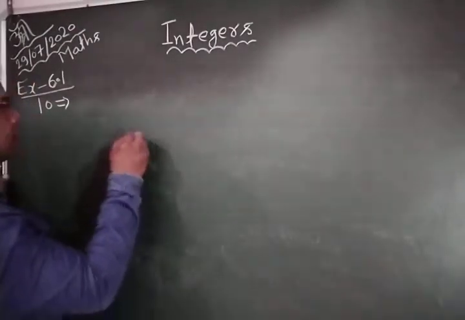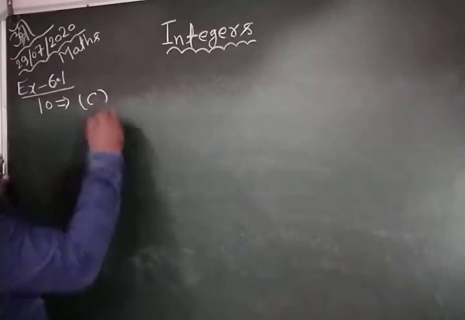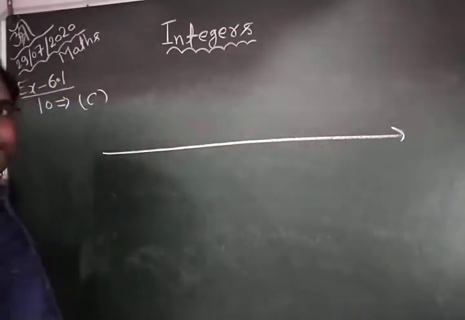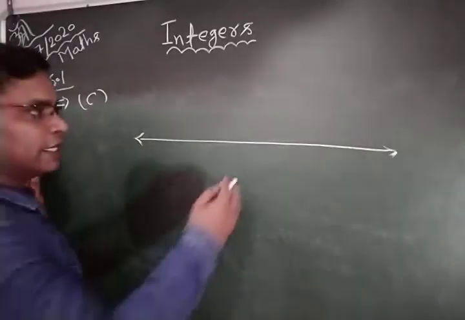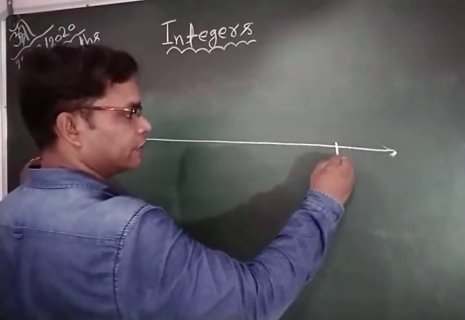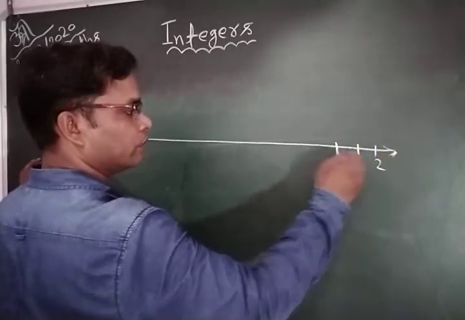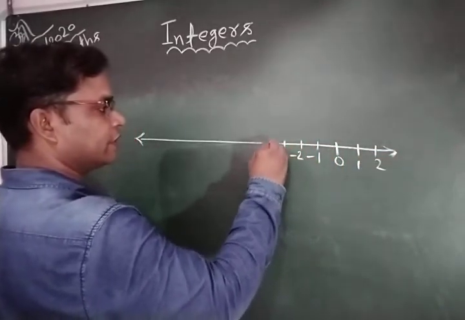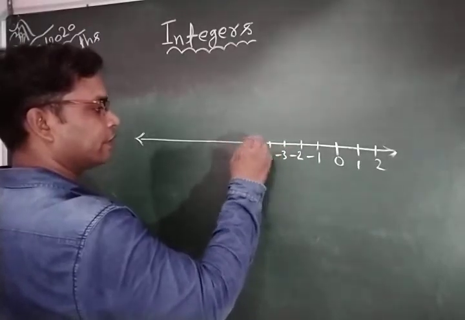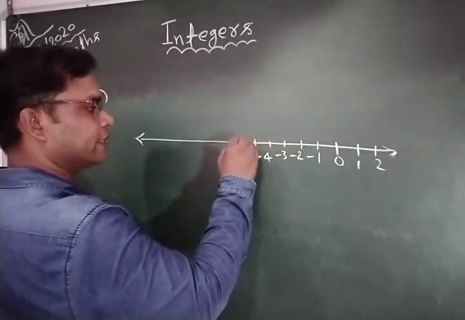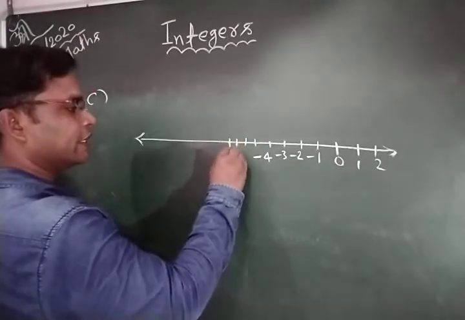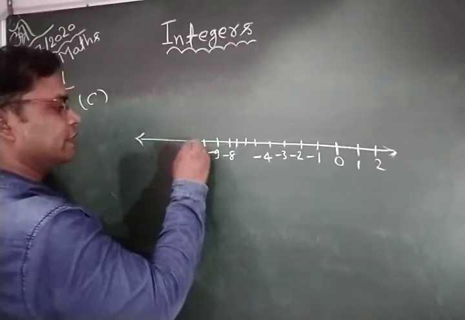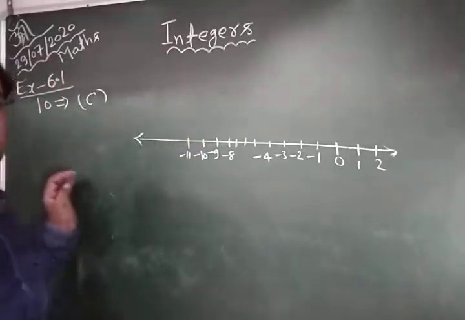So this is the number line, and this is part C. We start from here: 0, 1, 2, -1, -2, -3, -4, -5, -6, -7, -8, -9, -10, -11. Okay, you can see.